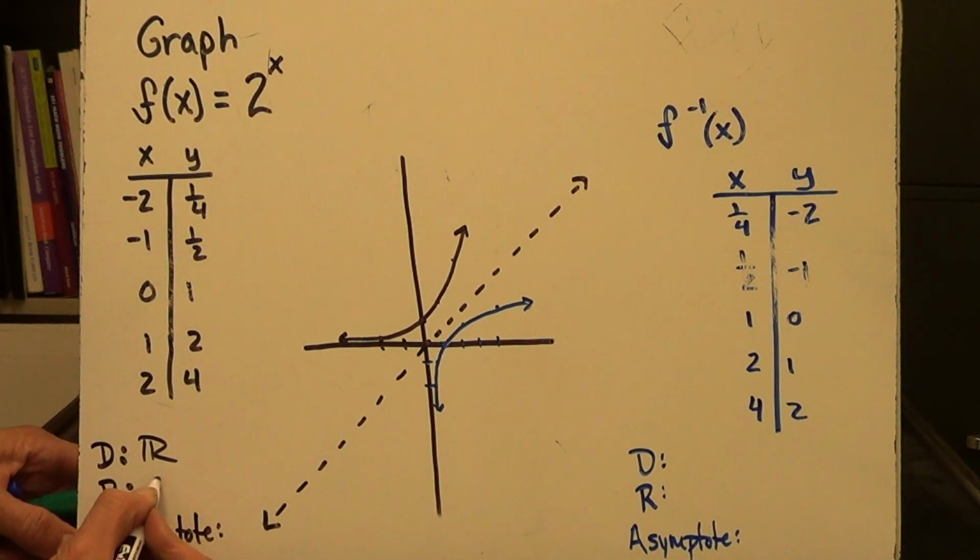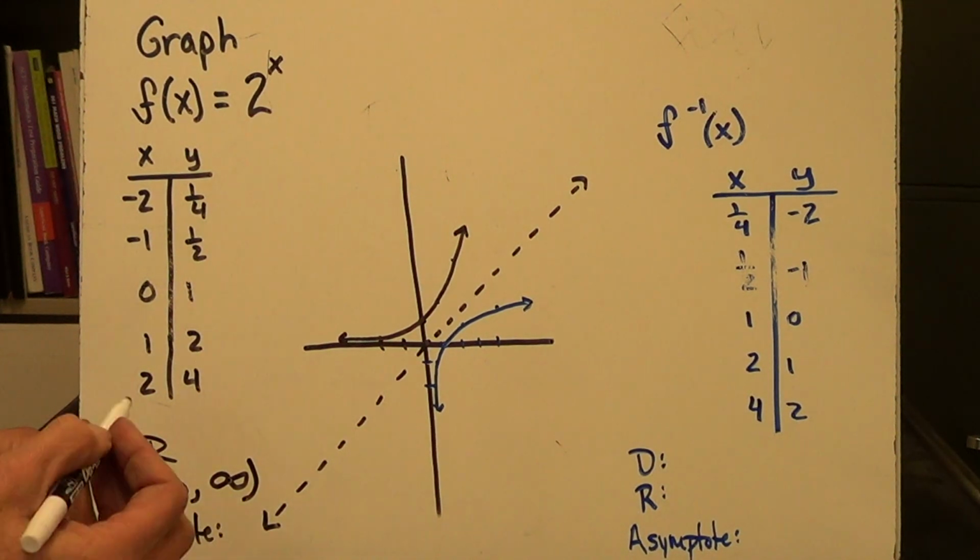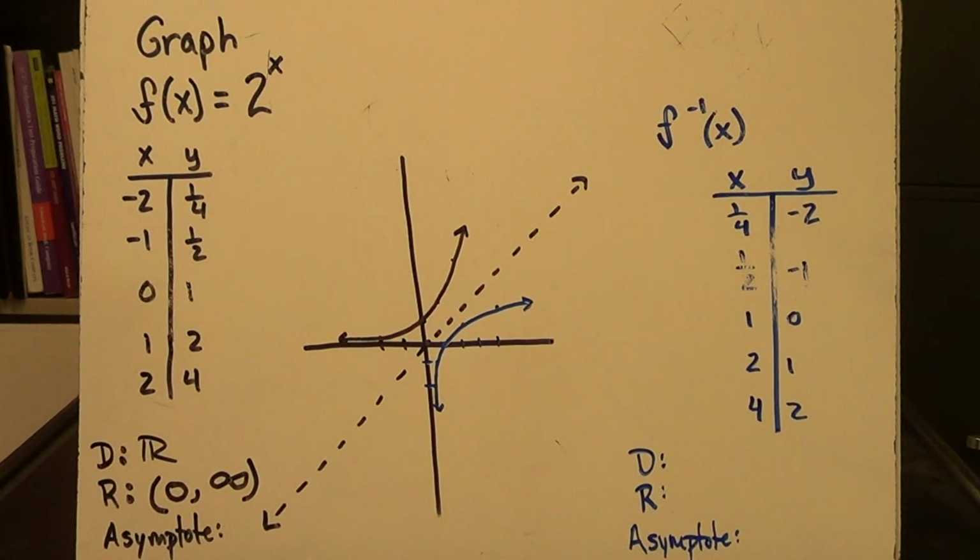So it will not touch 0, and it goes to infinity. The asymptote, the line that it will not touch, is actually that x-axis. So the asymptote is y equals 0. Maybe we should put a slash through it showing it'll never be equal to 0.